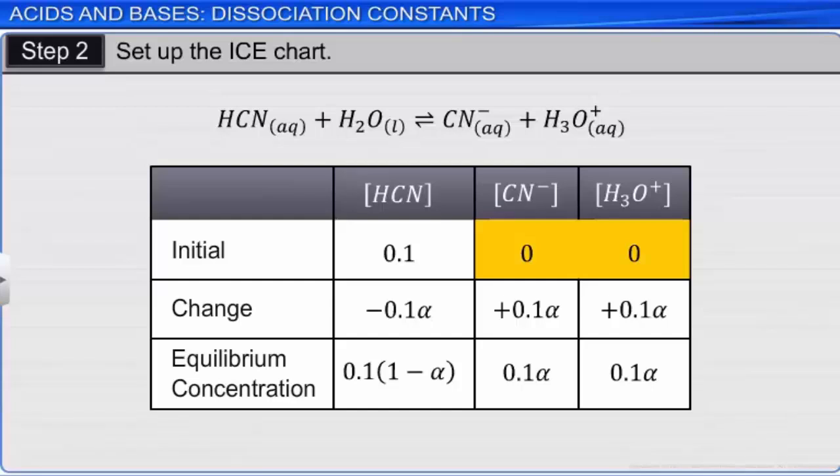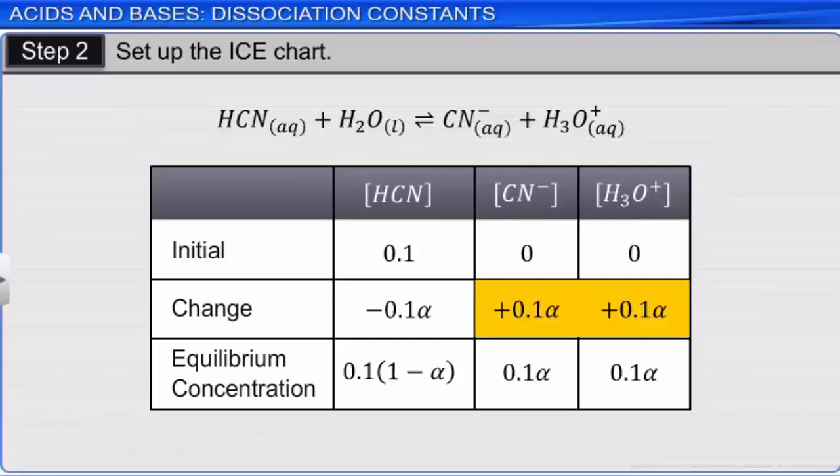Since the reaction is yet to happen, the change in concentration on proceeding to equilibrium in terms of alpha is minus 0.1 alpha for hydrocyanic acid and plus 0.1 alpha and 0.1 alpha each for CN minus and H3O plus ions.